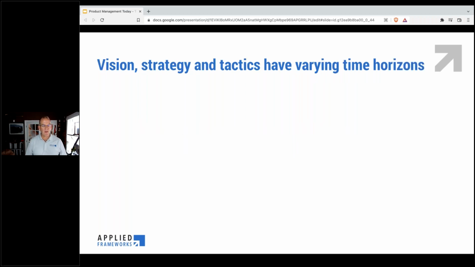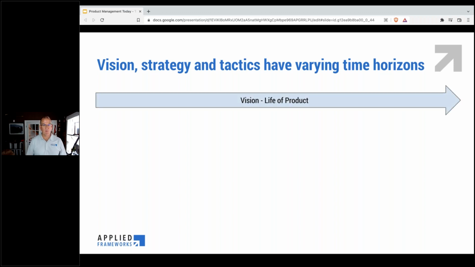Now, I want to emphasize the relationship of time when we think about these different components of product thinking. Vision, strategy, and tactics have very different time horizons, and they are context dependent. I'll give some examples. First, vision is long lasting, in some ways perpetual, potentially for the entire life of the product. Once we've established a vision, then we start creating the strategy. But the time horizon for strategy may just be years.